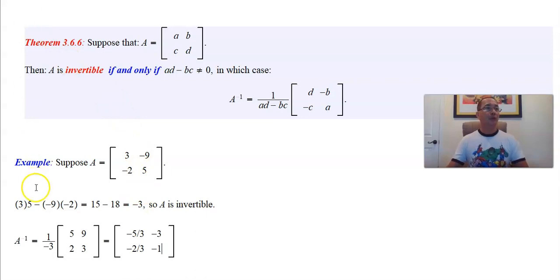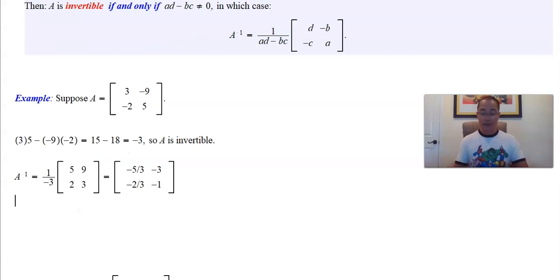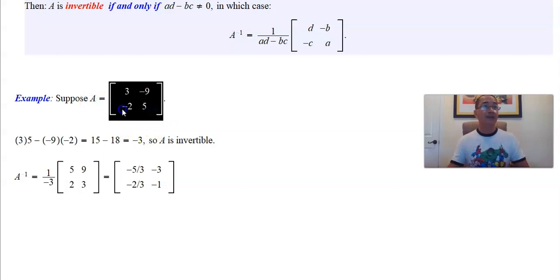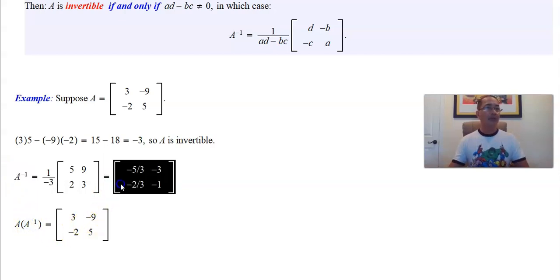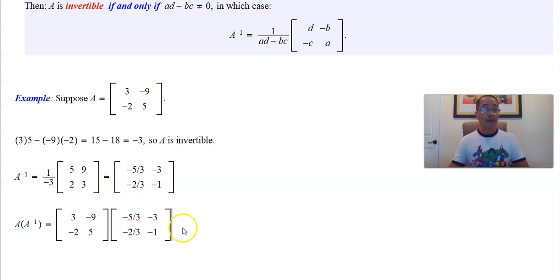Okay, so why is this the correct answer for this inverse? Well, let's verify. If you multiply A by its inverse, let's copy this down here, and then multiply by A inverse. So this matrix will go on the right.